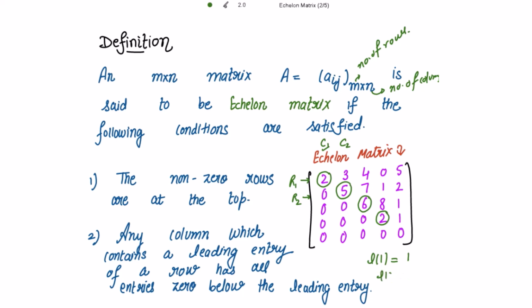For the second row, the leading entry is 5, present in column 2, so the column index for row 2 is 2. Similarly, the column index for row 3 is 3 and for row 4 is 4. So these are strictly increasing in order. When all these three conditions are satisfied, the matrix is an echelon matrix, right?